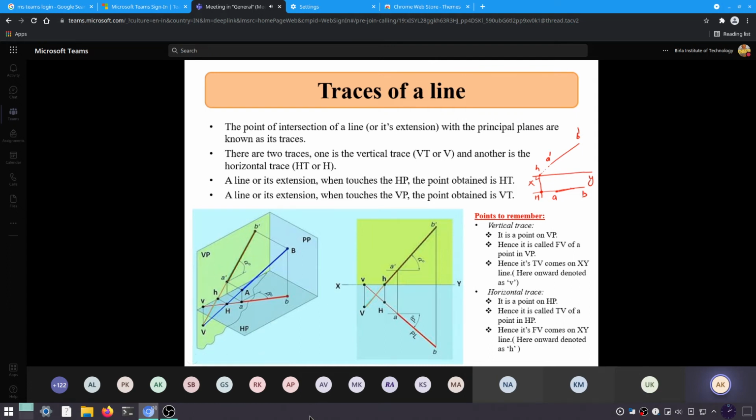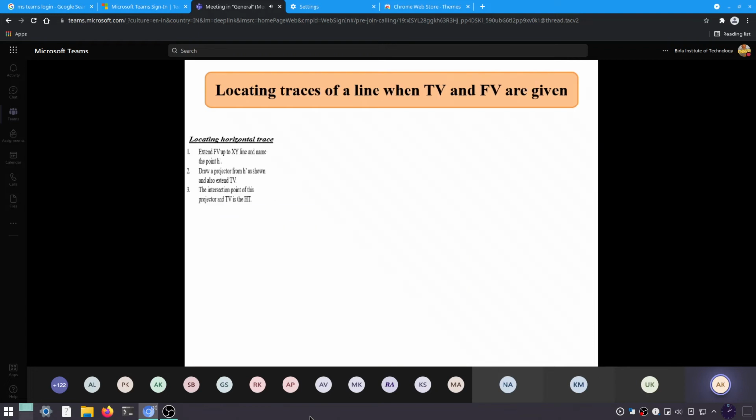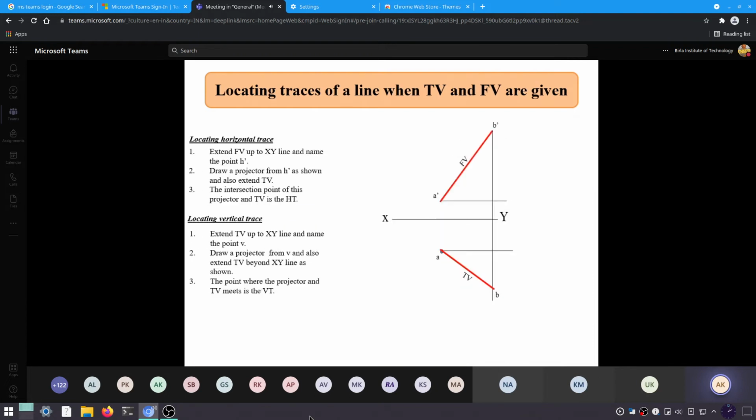Sorry, first it is going to meet the vertical plane, then the horizontal plane. We'll see that, but the information shared till now will remain true for all the cases. Either it is going to meet the vertical plane first or the horizontal plane first.